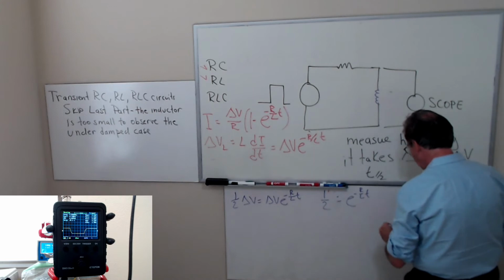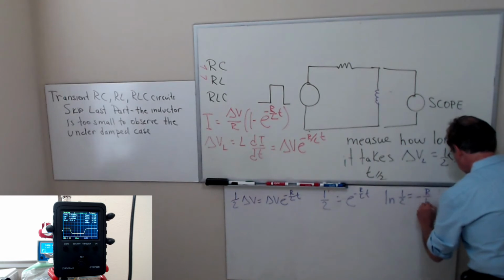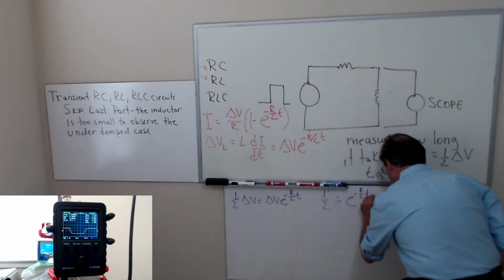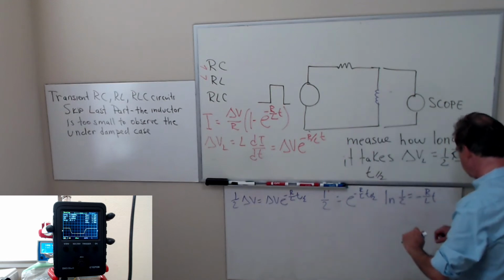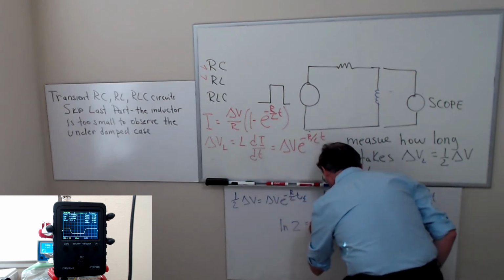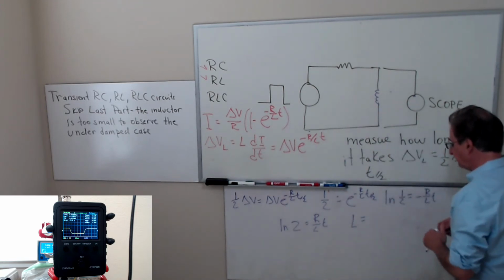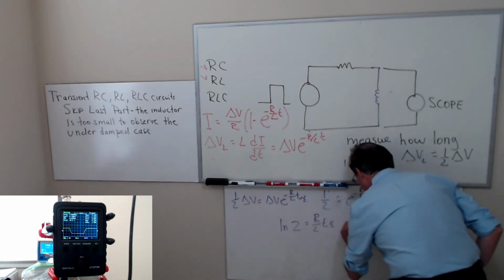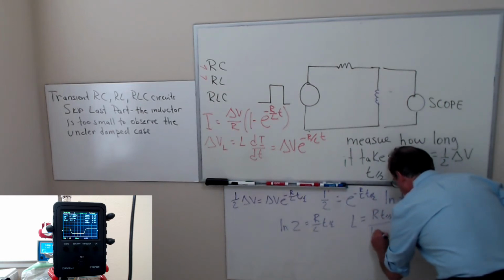I take the log of both sides, and then I flip it over. Oh, this is 1/2, sorry. I flip this 2 over, and then I solve for L. So L is going to be R times t 1/2 over the natural log of 2.